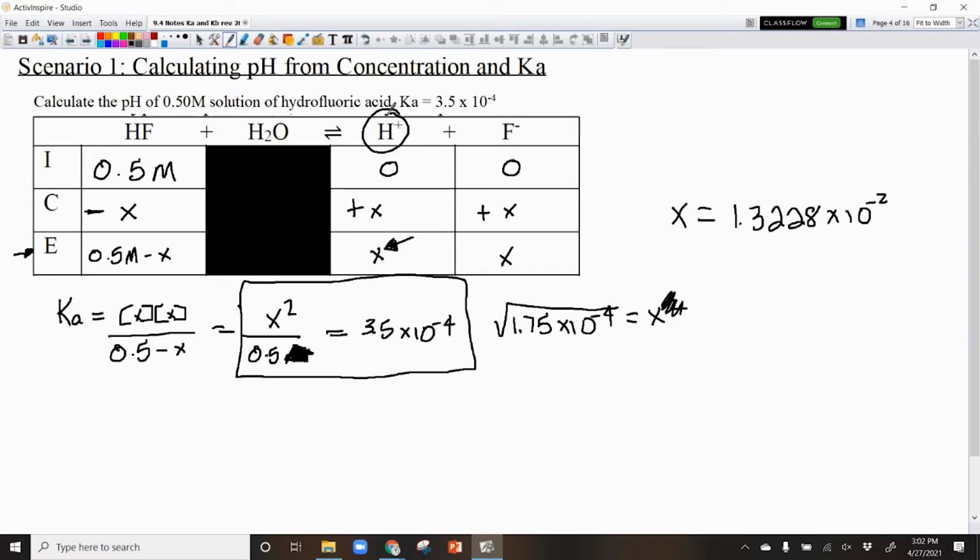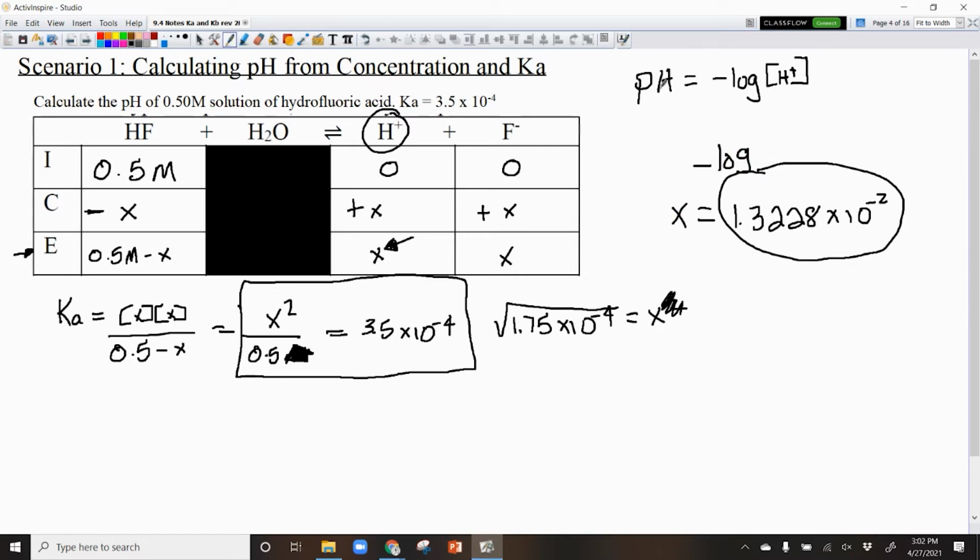All right, so thinking about what we learned in our last section, we know that pH is equal to the negative log of the hydrogen ion concentration. So if we know the hydrogen ion concentration, we can take the negative log of this, and that's going to give us our pH. Okay, so that's going to be our answer for here.